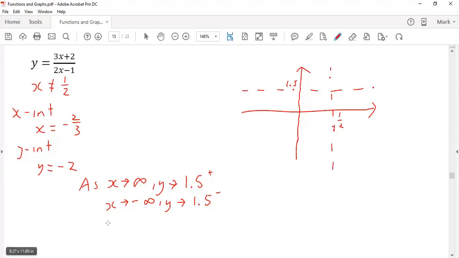So we want to test as x heads towards a half, but on the left side and on the right side. We want to test where the y values head towards.